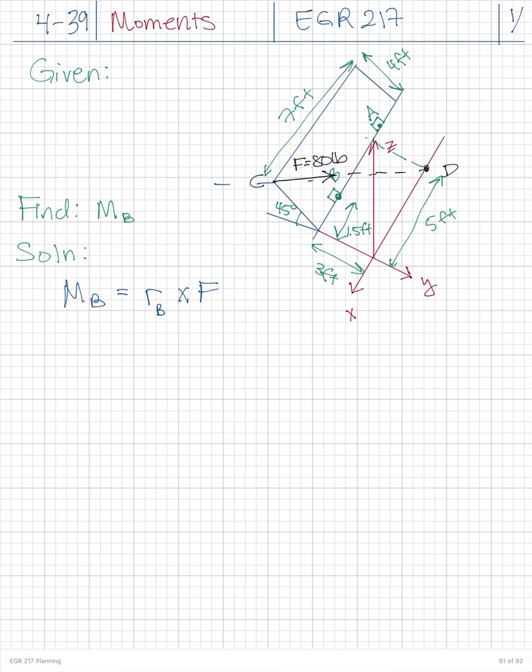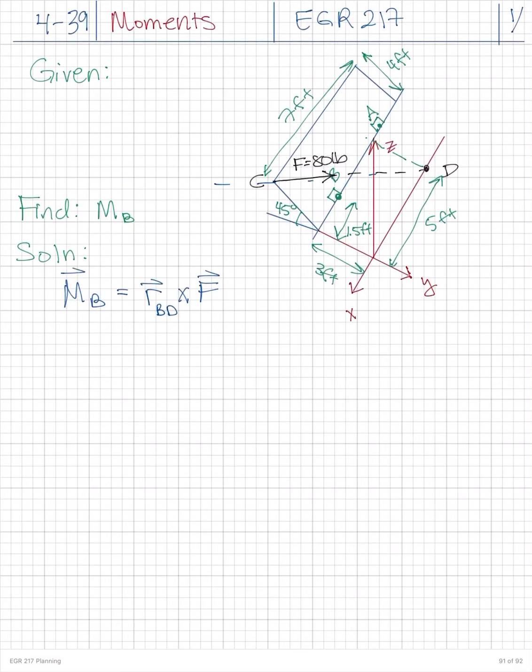I'm going to do from B to D because that's just going to be easier to get to. It doesn't change in the Z at all. And I think that'll make it a little bit easier for us.